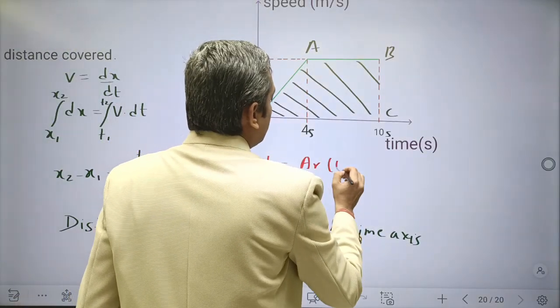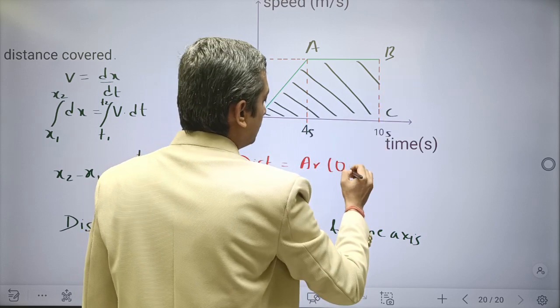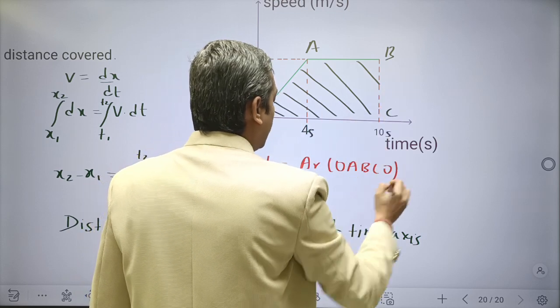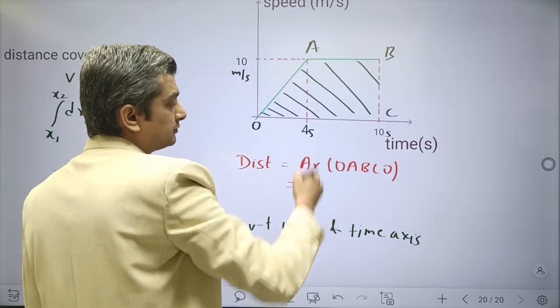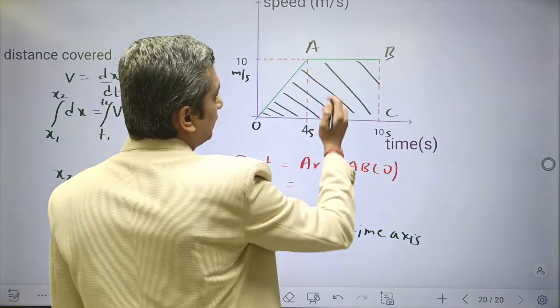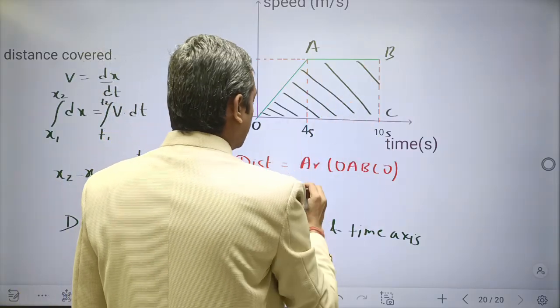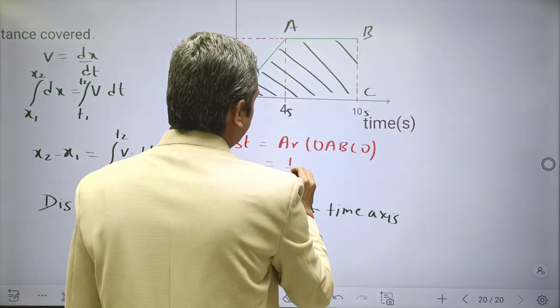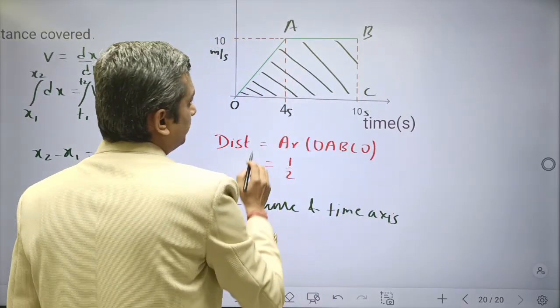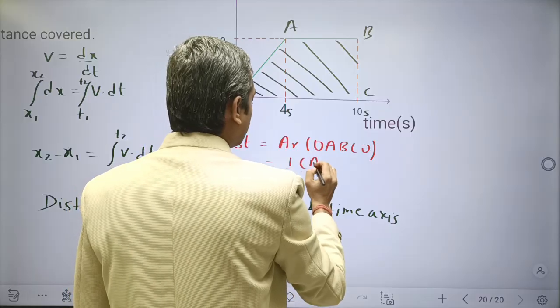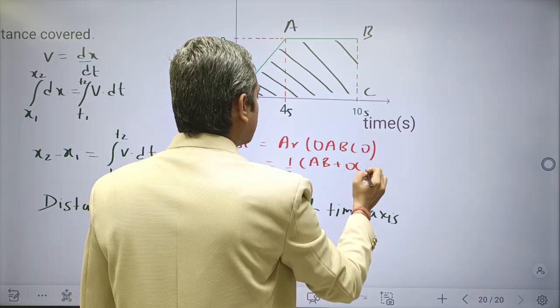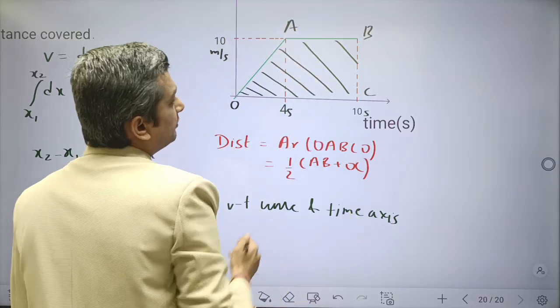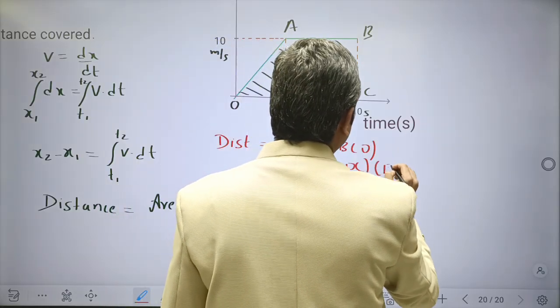So this is area OABCO, and this is again forming a trapezium, है ना? Having two parallel sides, that is AB and OC. So the formula is half sum of the parallel sides, that is AB plus OC, multiplied by separation between the two parallel lines, that is BC.